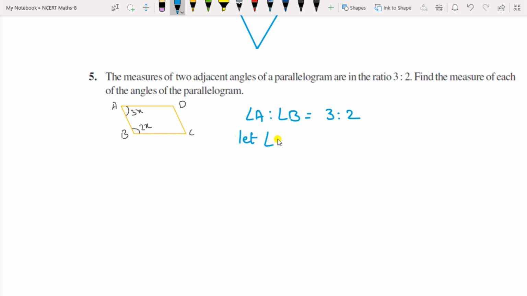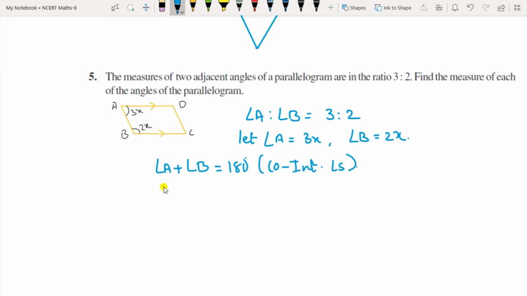So let angle A be 3x and angle B be 2x. Now these are parallel lines, and this is a transversal. This is forming a C shape, so it is co-interior angles, and co-interior angles add up to 180. Therefore angle A plus angle B equal to 180.